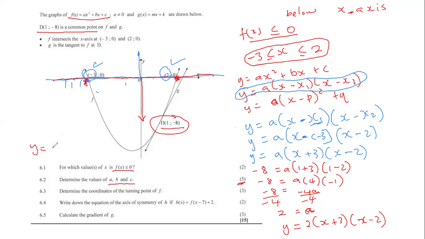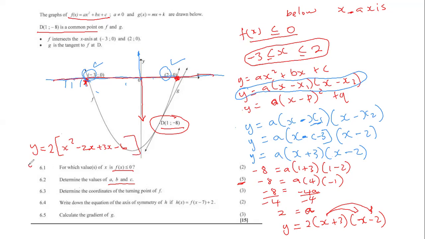So y equals, I want to remove the brackets by multiplying those out. So the 2 will be outside like this. Then I'll have x squared minus 2x plus 3x minus 6.